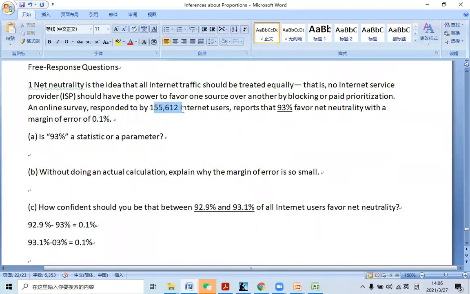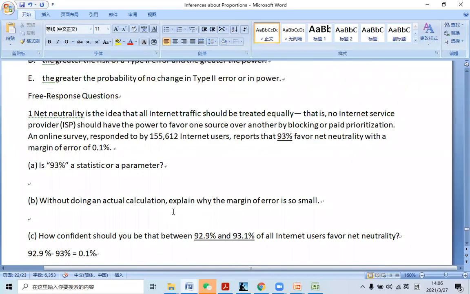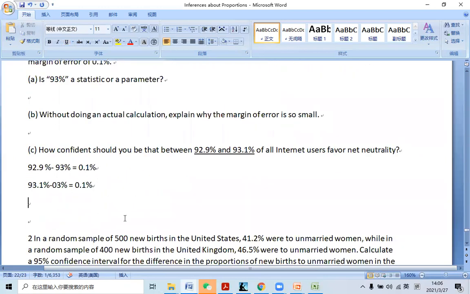Now, you need to make the estimate of the standard deviation. You're going to need n, and you're going to need the proportion. So you need the standard error. How do we do the standard error?